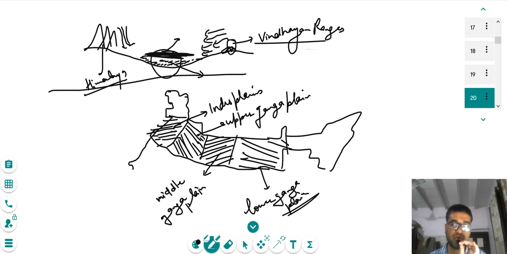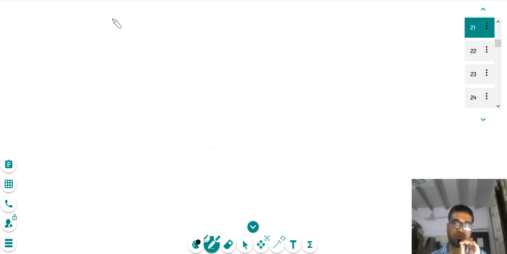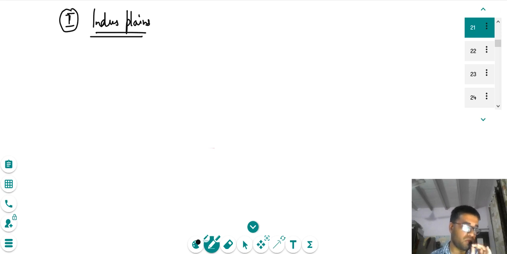So let us first start with the Indus Plains. See, the Indus Plains can be divided into many subparts.